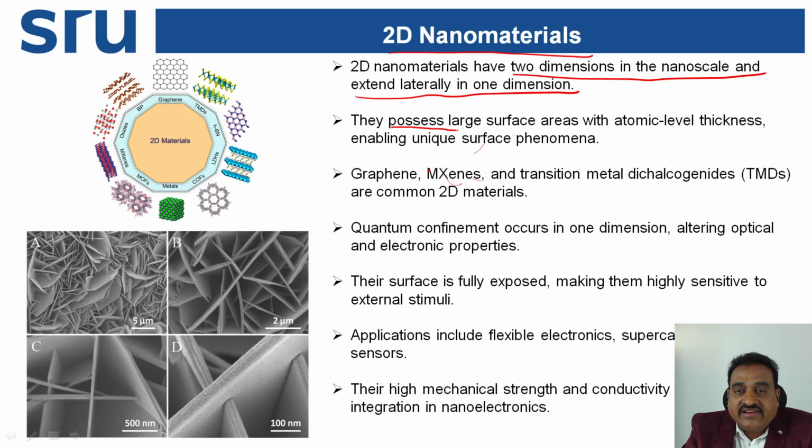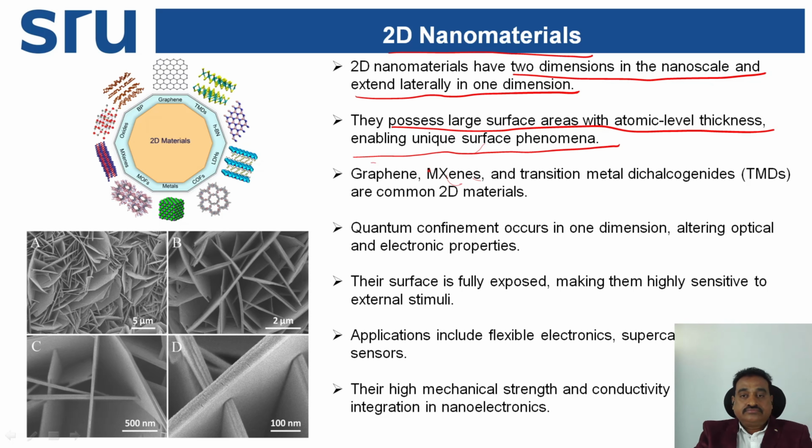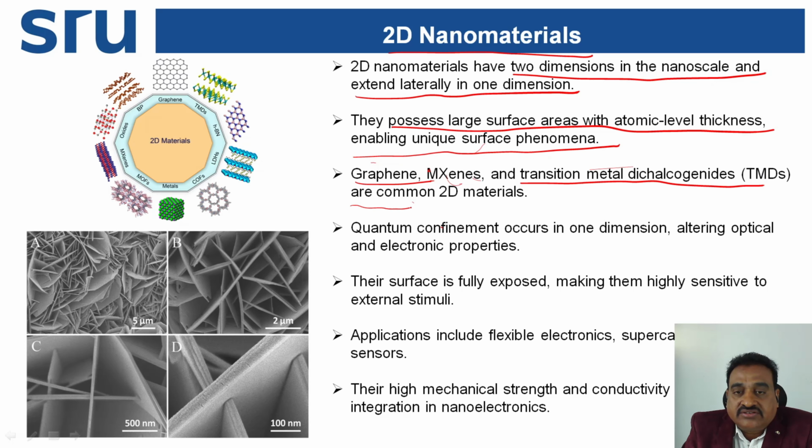Two-dimensional nanomaterials possess large surface area with atomic level thickness, enabling unique surface phenomena. Graphene and transition metals, everything we can see here, are two-dimensional nanomaterials.